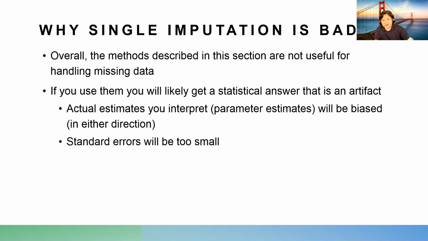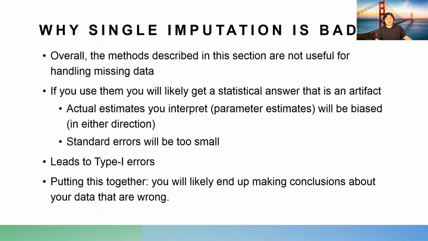The standard error will affect your t-test, so it will affect your power and lead to type 1 errors. So you will likely end up making wrong conclusions about your data. So single imputation is bad. Don't use deletion methods or single imputation.